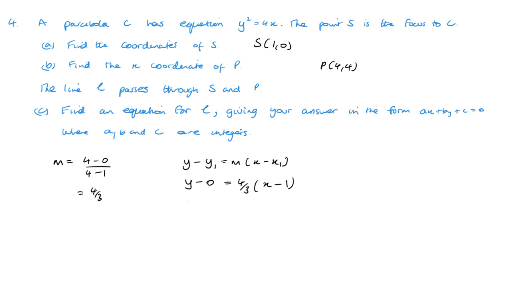So that is 3y, and then 4 times x and 4 times negative 1 is 4x minus 4. And then take everything to the x side, 4x minus 3y minus 4. And then it's in this form.